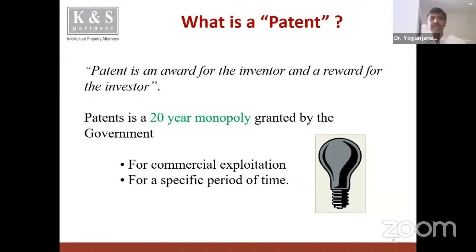So once an invention is granted as a patent, then for 20 years of that tenure of active patent, no other person can work on that patent without obtaining permission from the patentee. Patentee means a person who has obtained the grant of patent from that country.